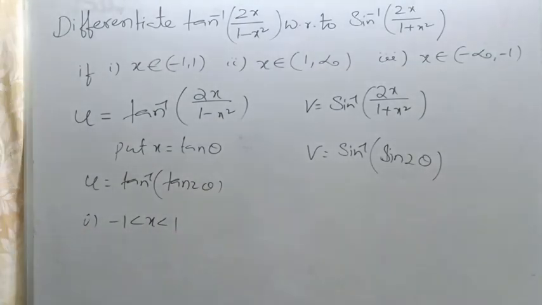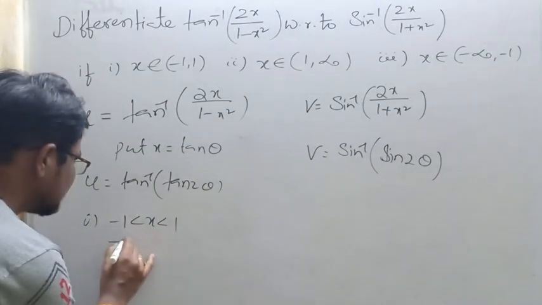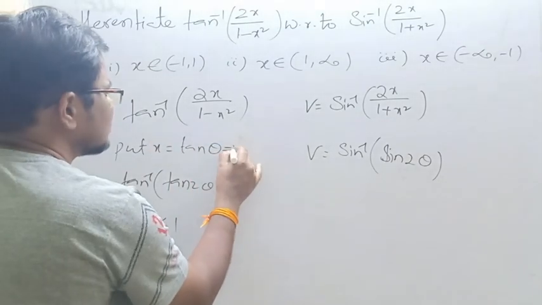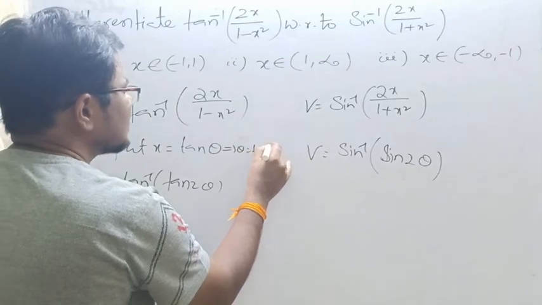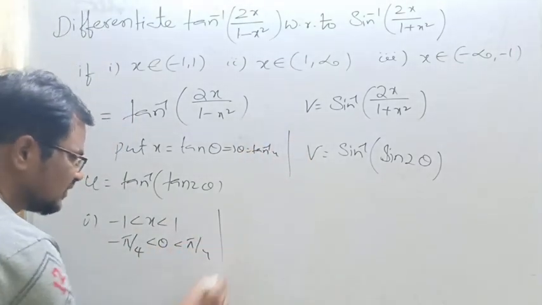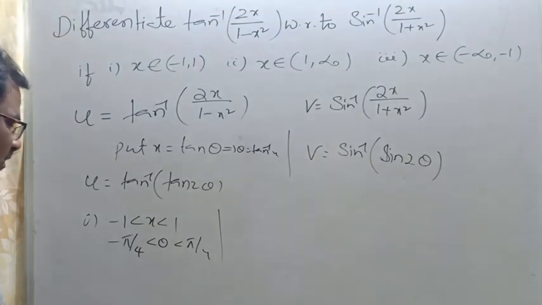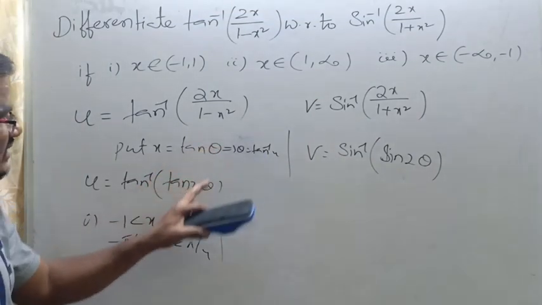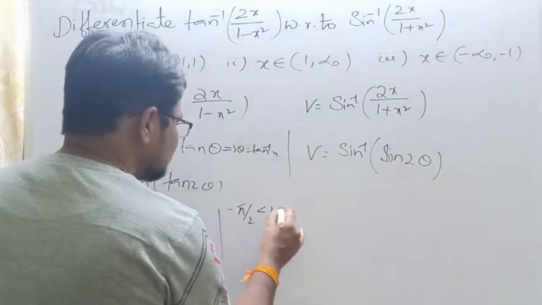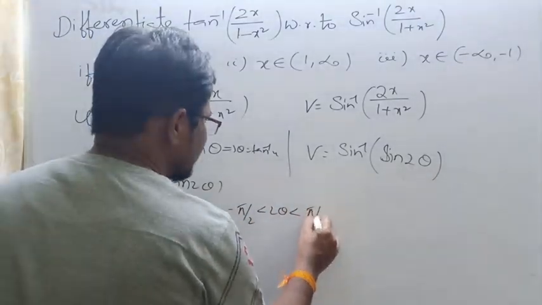Apply tan inverse on both the sides. Minus pi by 4 less than theta, here x equal to tan theta means theta equal to tan inverse x, now less than pi by 4. But here 2 theta is there, so multiply by 2. So minus pi by 2 less than 2 theta less than pi by 2.